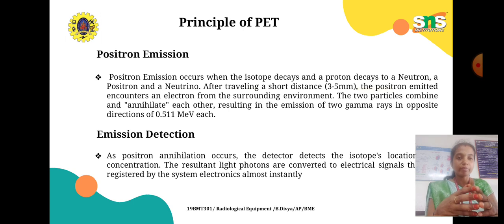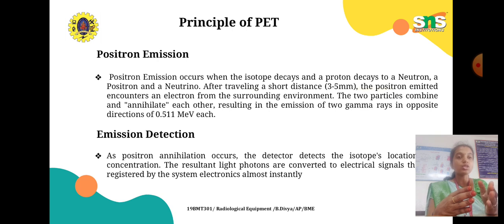Next, the principle of PET: positron emission. How does it happen? Positron emission occurs when isotopes decay and a proton decays to a neutron. When those isotopes decay, a positron and a neutron are formed.